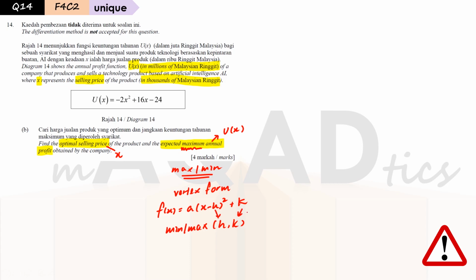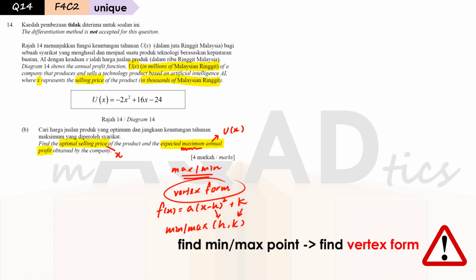From these two values. So what we need to do to find the maximum or minimum point of something, we need to figure out the vertex form of this function first. Alright, so how do we change this function to be the vertex form? Is through completing the square.